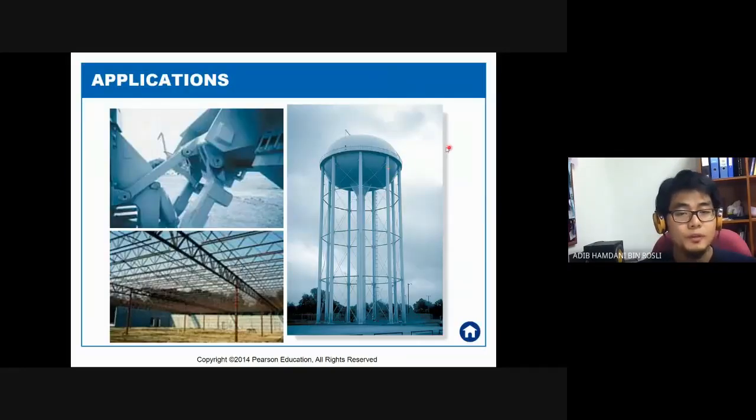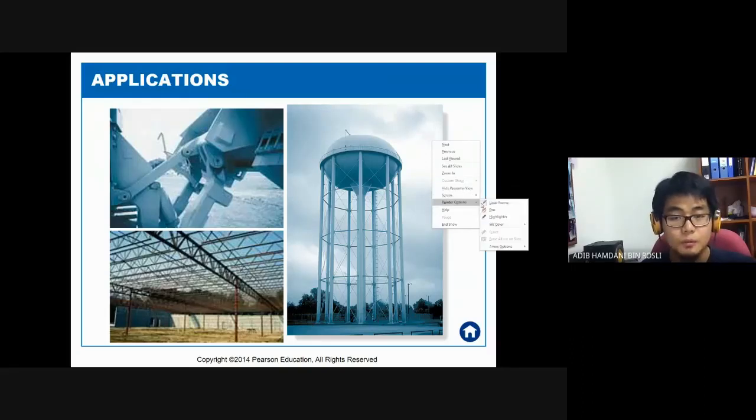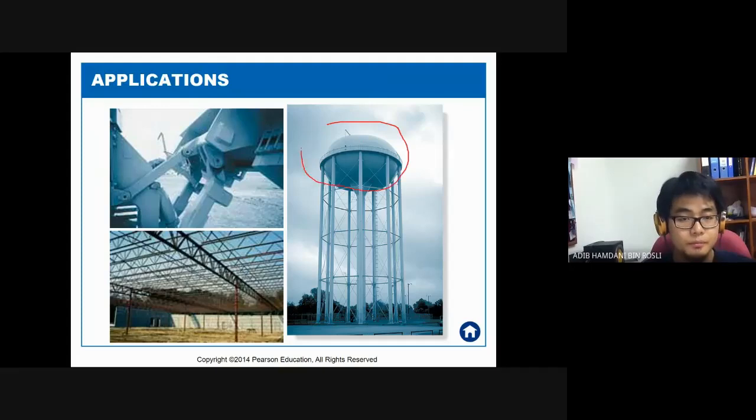The applications for buckling are things you can see around you. I want to draw your attention to this. For instance, we have a water tank. Because it's so huge, we have to put it up in the air, up in the sky. It will be very heavy, so you need to support it.